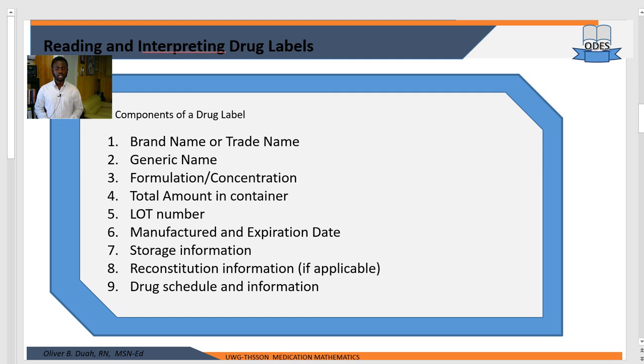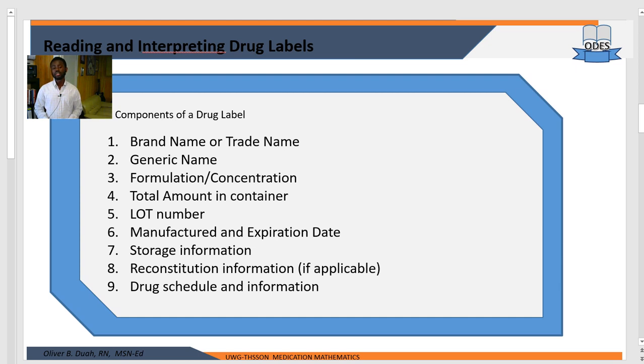Then you have the lot number. This lot number is important to note, especially if you are giving vaccines, because if there is any reaction or adverse effect from that medication, we can track it down by the lot number to see who received which lot number.